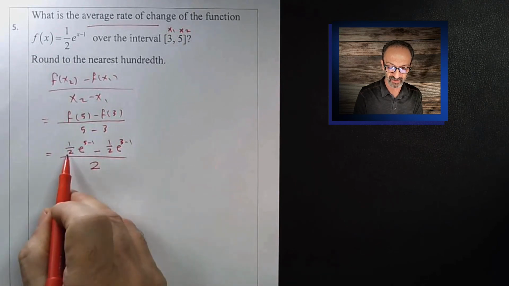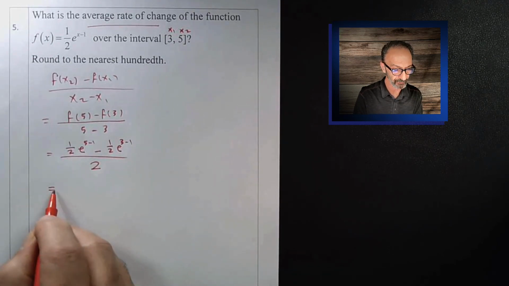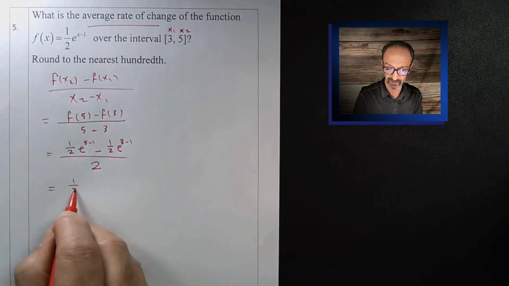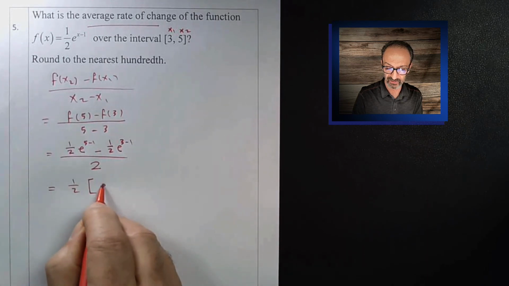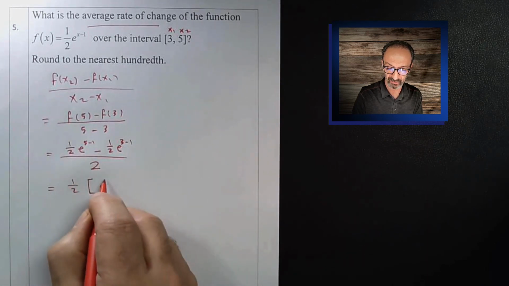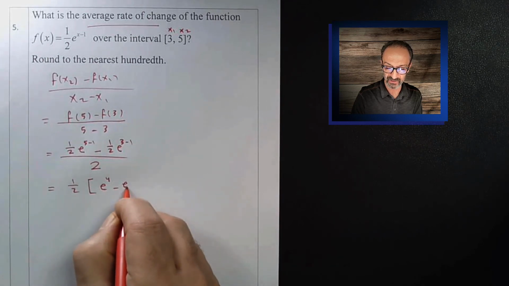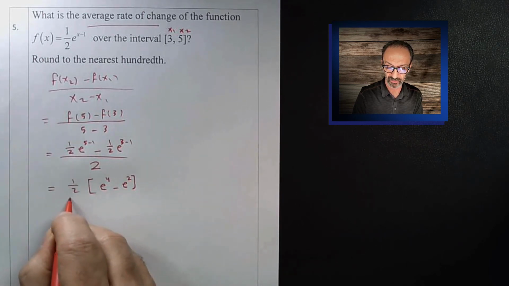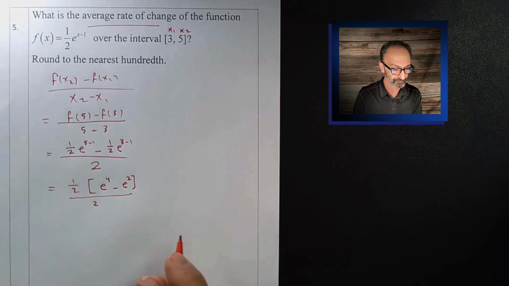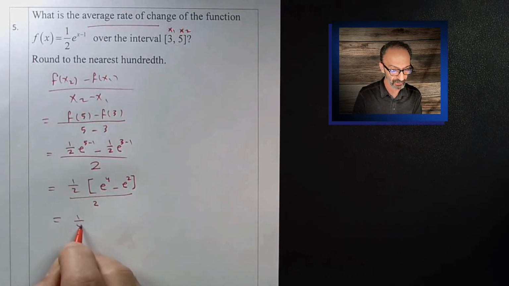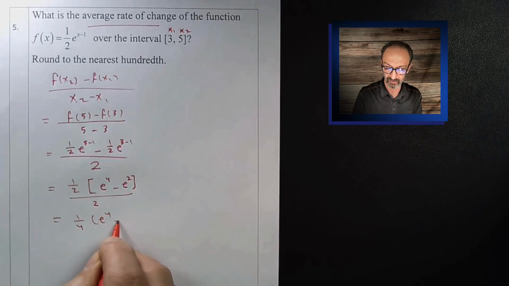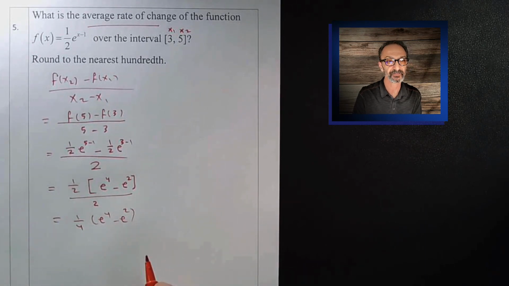We could pull the half outside as a common factor. That's one option, 1/2, and we get e to the power 5 minus 1, that's e to the 4th, minus e to the power 3 minus 1, that's e to the second, all divided by 2. Doing the math, that is 1/4 times e to the 4th minus e to the second, since we're dividing half by 2, that's 1/4.